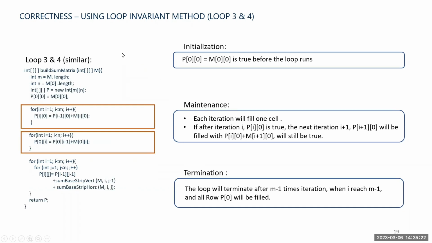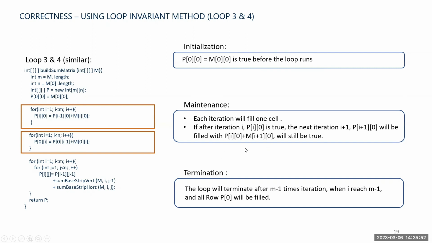Loops 3 and 4 are also similar. This is the loop to fill in the first row of the matrix P, and this is the first column of matrix P. Initialization: P00 equals M00 is true before the loop runs. Maintenance: each iteration will fill one cell.